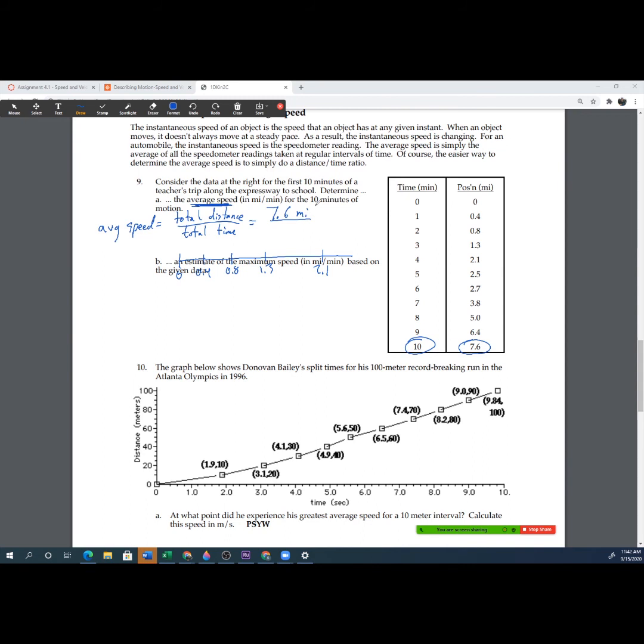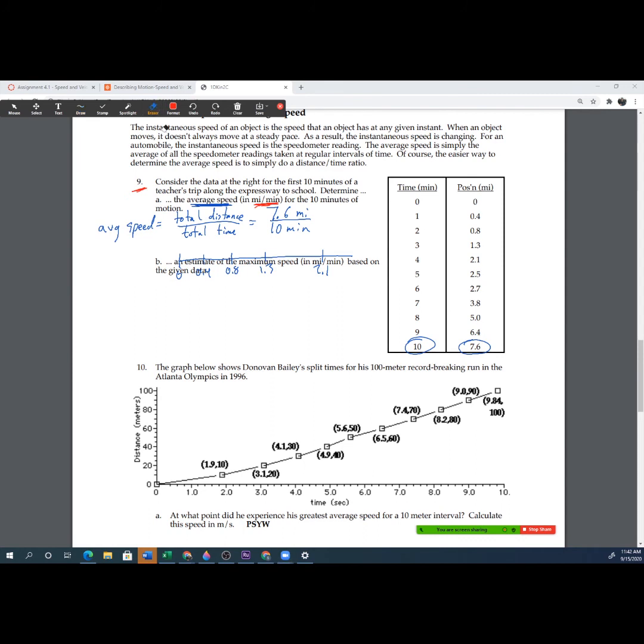And how long did it take them to travel that? 10 minutes. And notice that they want it in miles per minute, so they're not going to make you convert like I did on this problem. You just divide that, you'll have your answer. Okay, so that's the first problem. Basically did it for you, you just need to plug it in the calculator.